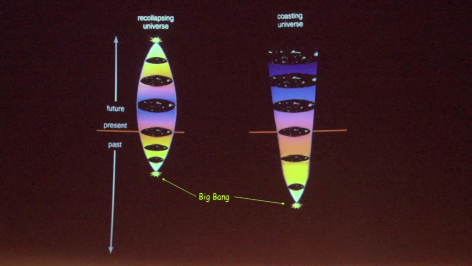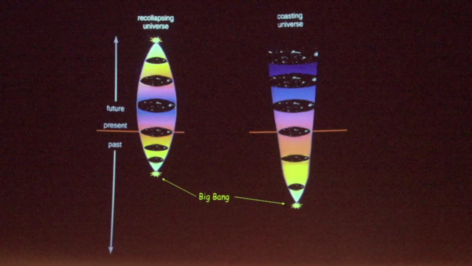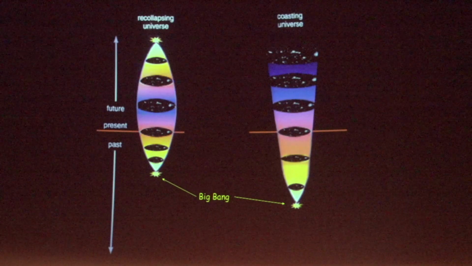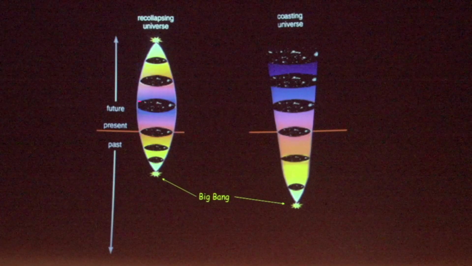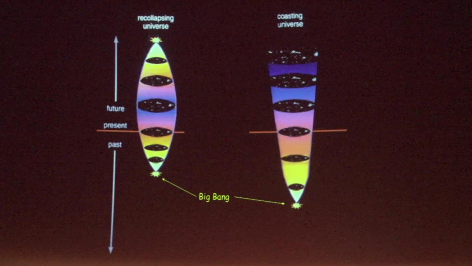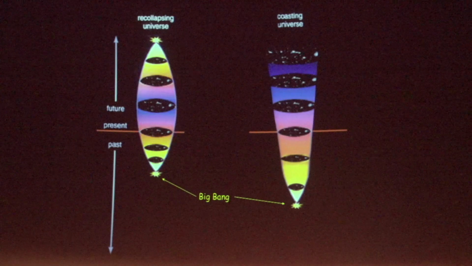Since galaxies are influenced by their own gravity and there's an attractive force, there are two possibilities for the future of the universe. There could be sufficient material that the gravity of the galaxies arrests the expansion and the universe collapses back on itself.